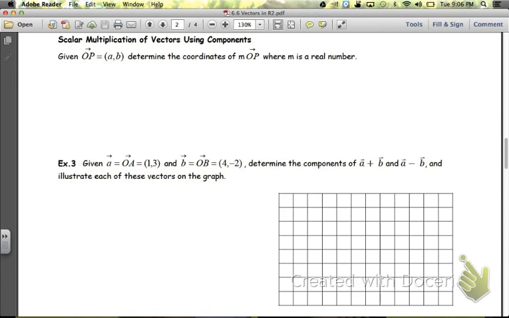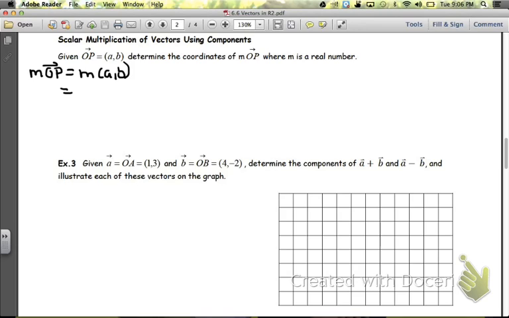So now let's look at scalar multiplication of vectors using components. Given the vector OP is equal to AB, we want to determine the coordinates of m OP, where m is a real number. So what we'll have here is m times our vector OP, which is equal to m times AB.